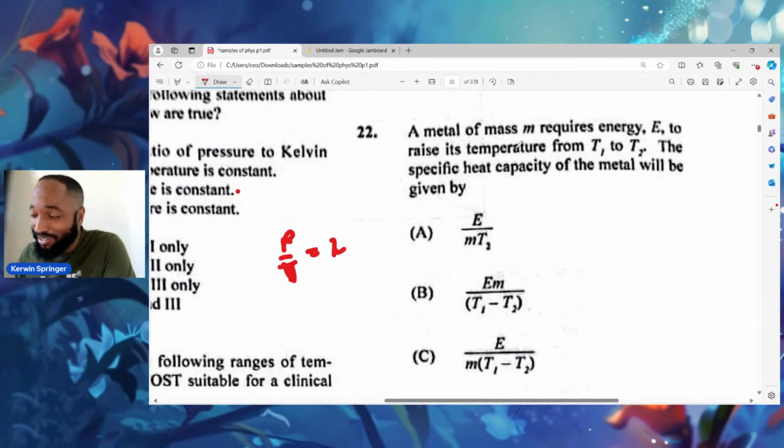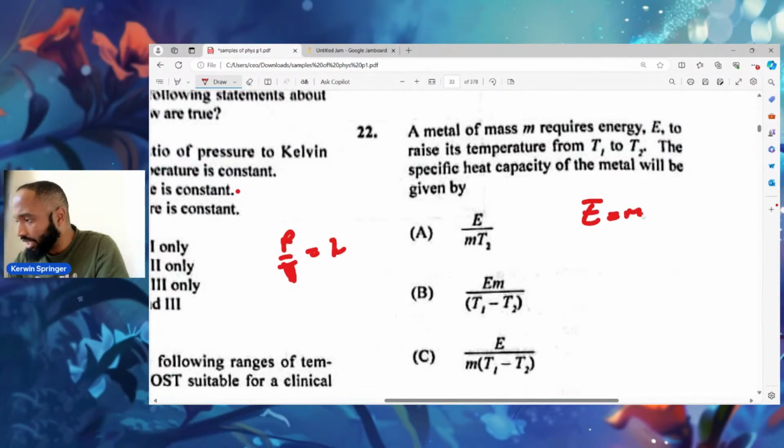A metal of mass M requires energy E to raise its temperature from T1 to T2. Specific heat capacity: E is equal to MC change in temperature.